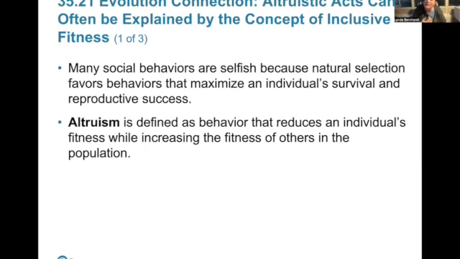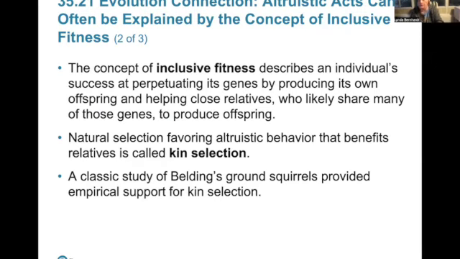Many social behaviors are selfish because natural selection favors behaviors that maximize an individual's survival. Altruism is when an individual brings their fitness down in order to help others in the population. So doing something in an altruistic way is basically trying to make life better for others, not just for yourself.